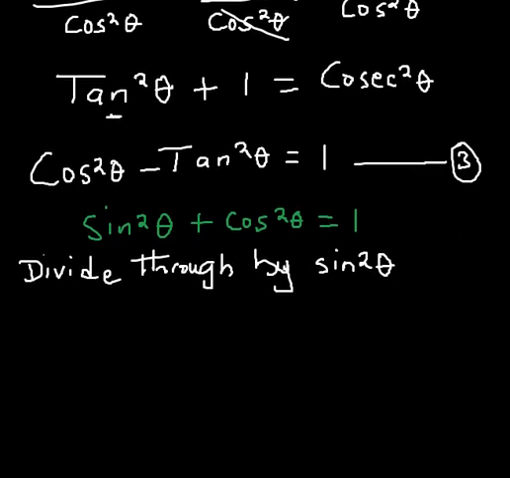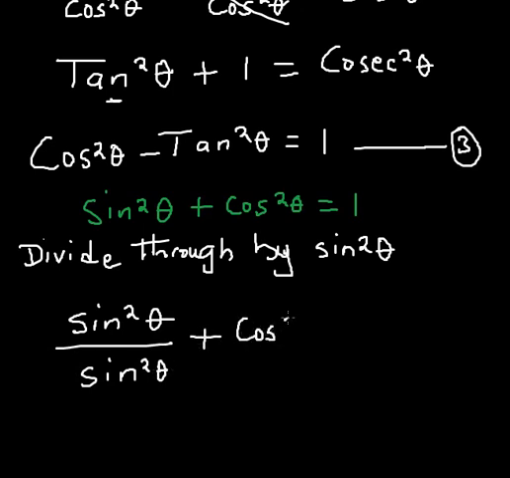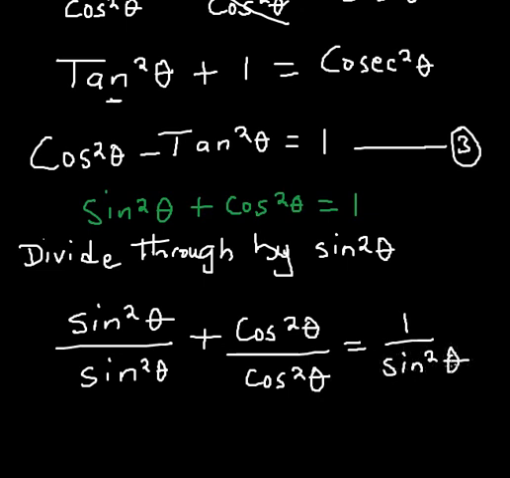All right, so that simply means that sine square theta I divide by sine square theta, then plus cos square theta I divide by sine square theta, equal to 1 all over, I divide by sine square theta.